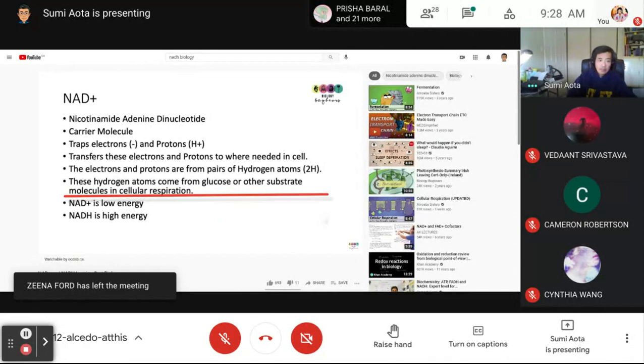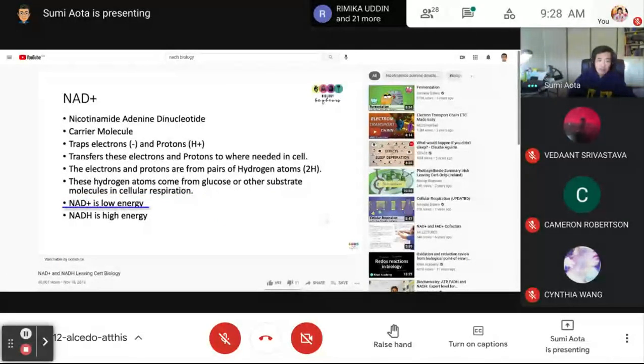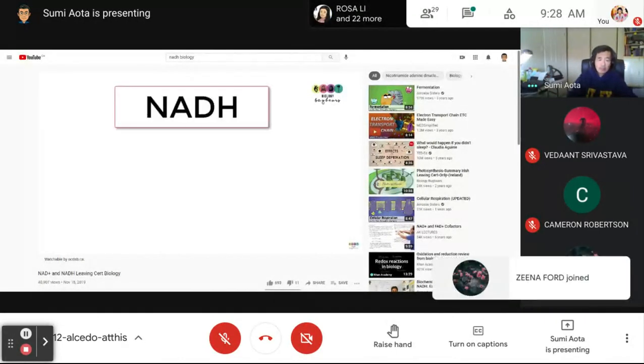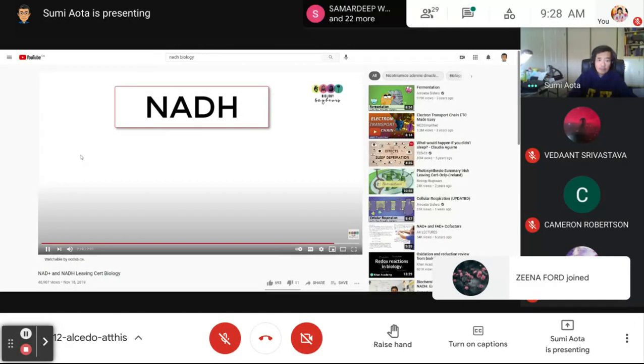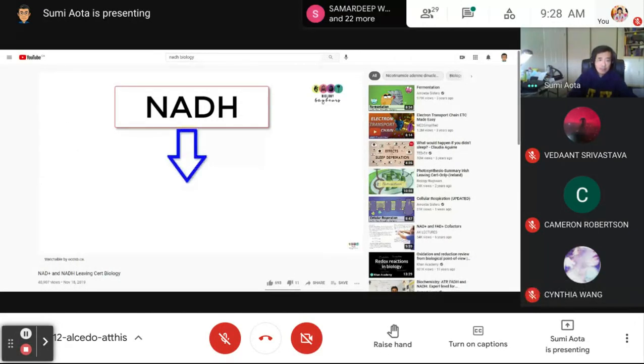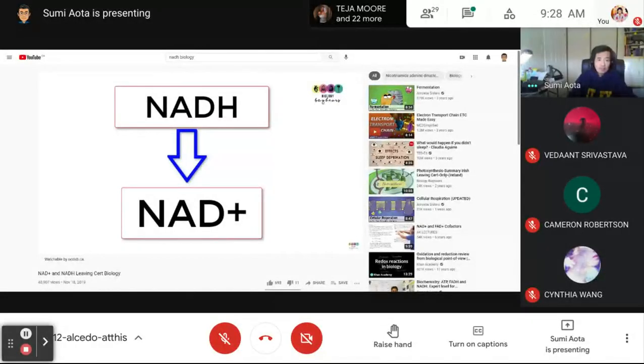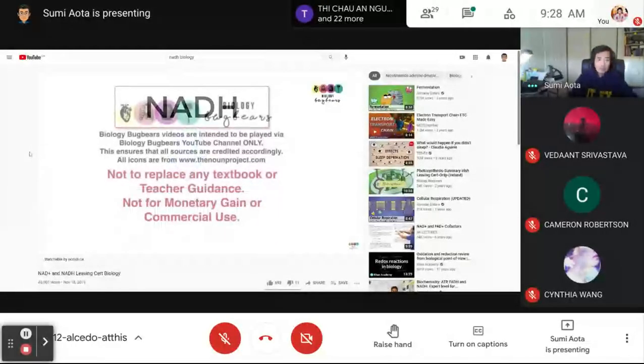We know that NAD+ is a low energy molecule, and when it traps those electrons and that proton, it turns into NADH, which is a high energy molecule. It's really important that you always remember to write that once NADH transfers those electrons and that proton, that NAD+ is regenerated, all ready to do some more trapping and transferring.